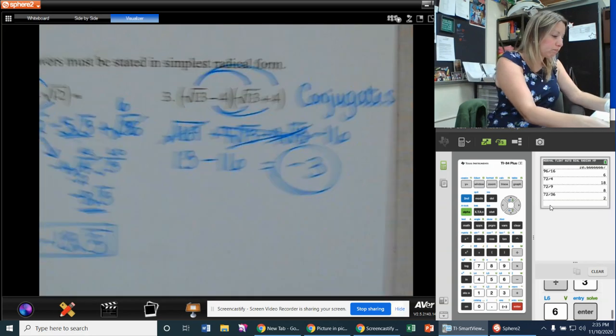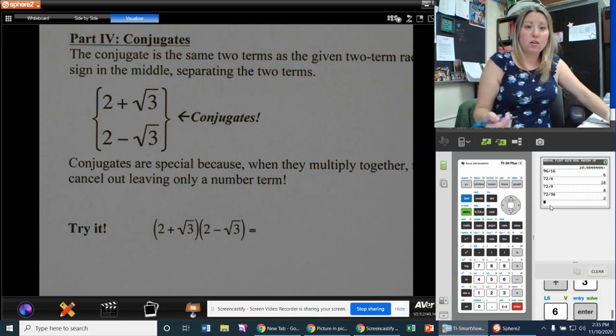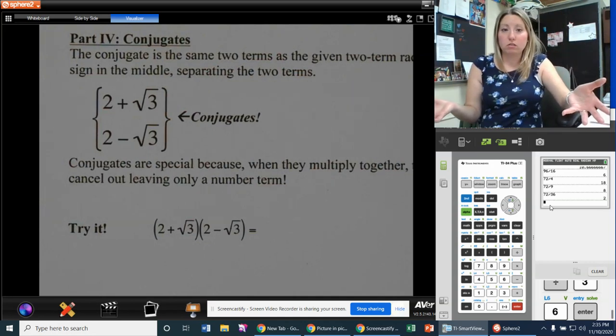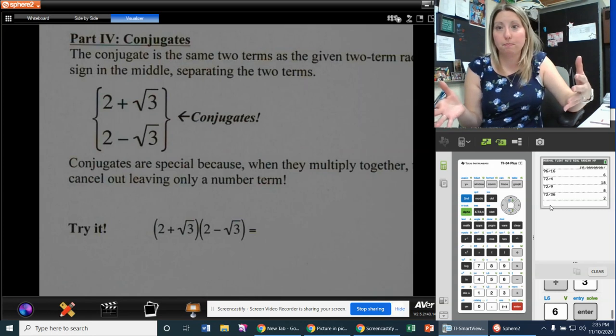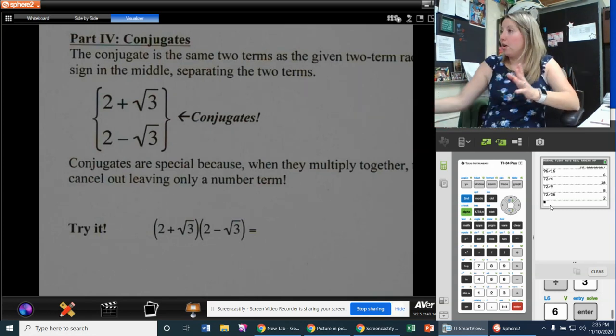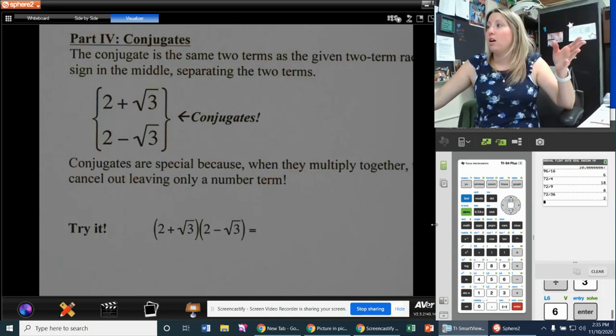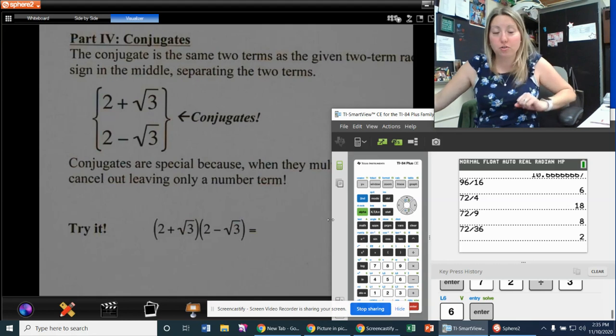Okay? So that's what we're going to learn about here. Conjugates multiply together to have the radicals cancel out. Conjugates multiplying together are the only types of radical multiplication that you can actually do on your graphing calculator.